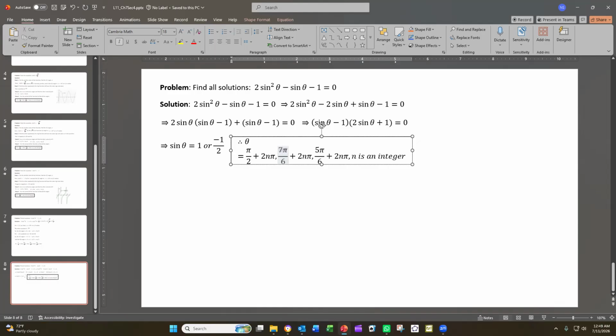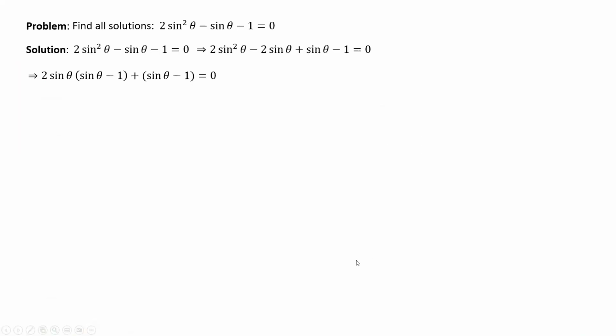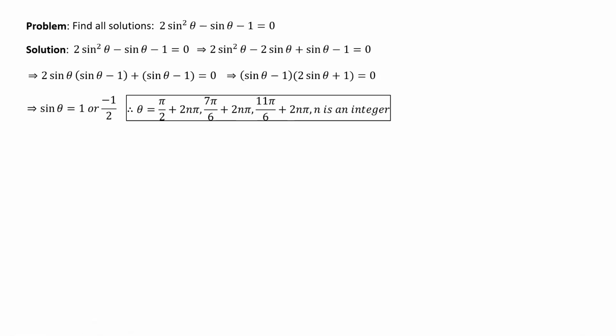And 2 pi minus pi over 6 is 11 pi over 6. Oh man, I just went over this slide before I started recording, and I didn't realize that. Okay, sorry about that.